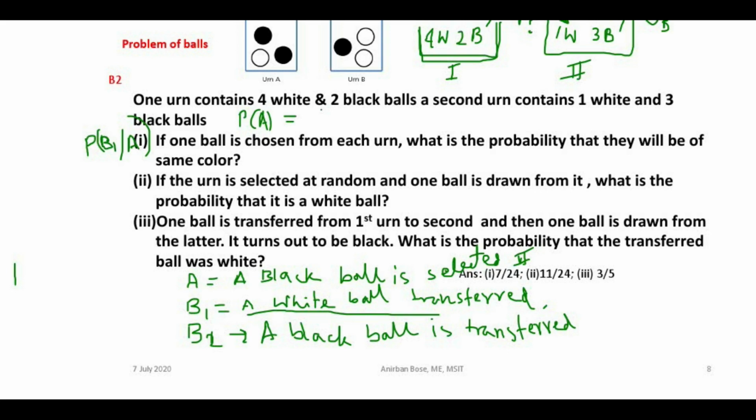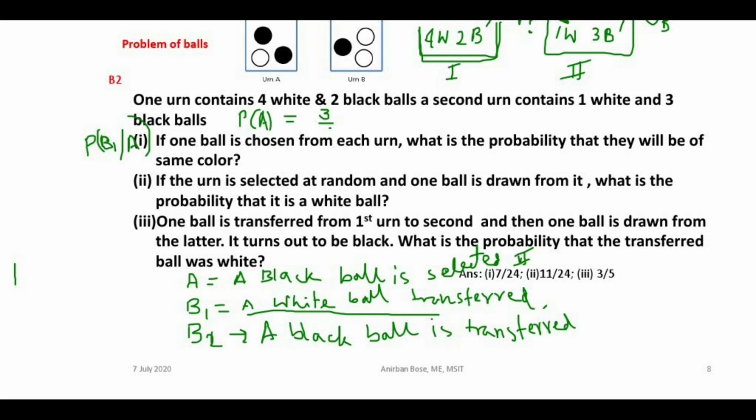That is 3 divided by, since the transferred ball is white, the total number of balls in urn 2 will be 3 plus 2 white balls, so total 5.